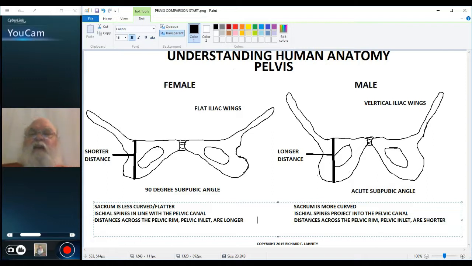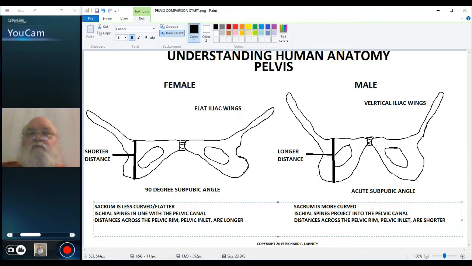And this, again, provides a wider pelvic canal so that the baby can more easily pass through the canal. The male does not have to pass a baby through the pelvic canal, so it can be both longer and more narrow.